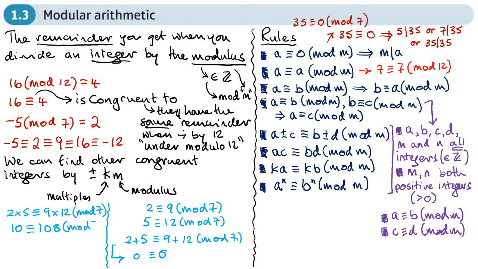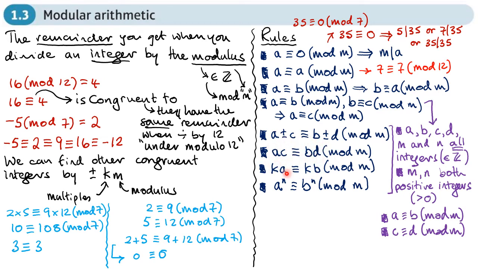Let's see what they are under mod 7. The 10 has a remainder of 3 when divided by 7. 108 divided by 7 is 15 times 7, which is 105, with a remainder of 3. So it's true for those numbers, but in general, this rule will also hold.